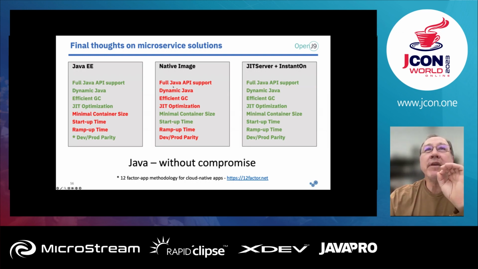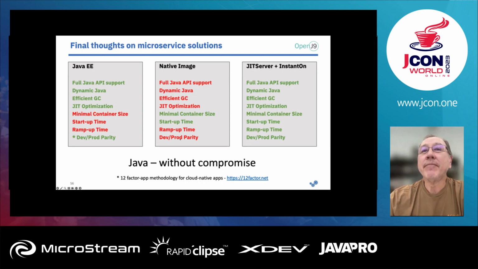But what you're losing is that you don't have access to all the Java APIs, all the dynamic features of Java you can't use. Obviously, with no JVM, you don't get any garbage collection or JIT optimization. So the state of your executable code is going to stay the same no matter how long it runs. Ramp up time really isn't an issue anymore.